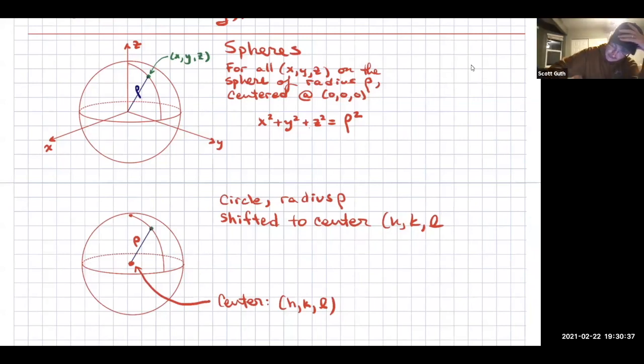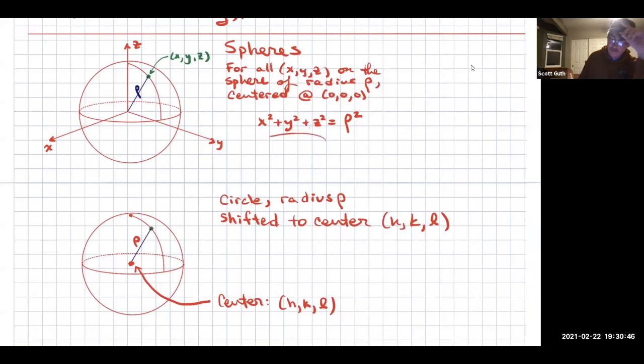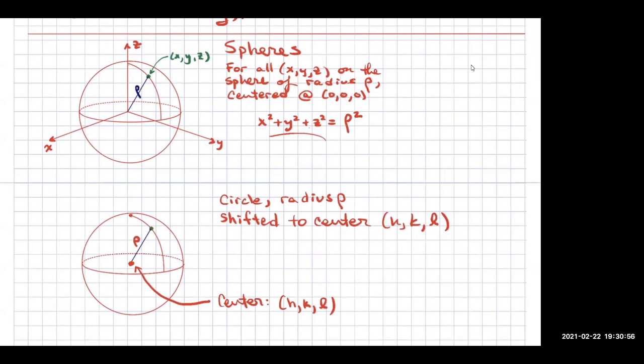Sorry, I'm so sorry. No, you're good. I just want to double check. It'd be H squared plus K squared plus L squared equals rho squared. Yes. Now it still needs to be an equation in X, Y, Z. Now think about how you did shifts on circles in pre-calc. It's x plus h squared, y plus k squared, z plus l squared.